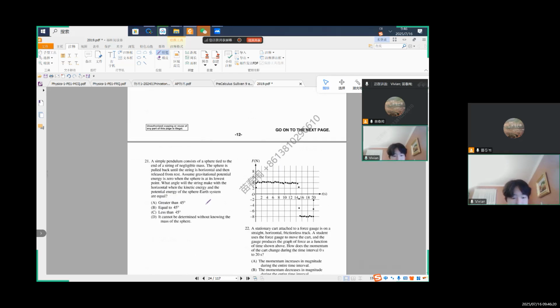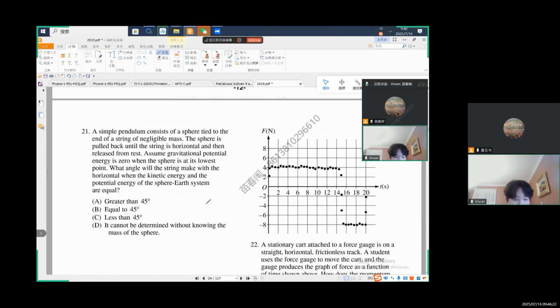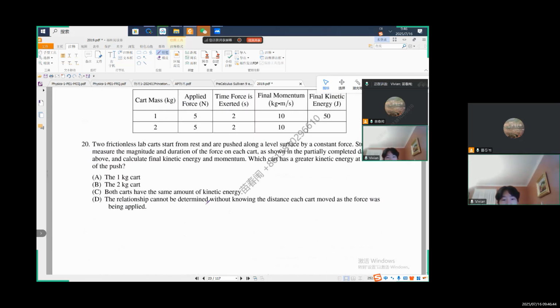Let's see, 21. A simple pendulum consists of a sphere tied to the end of a string of negligible mass. Let me see, is there a graph?